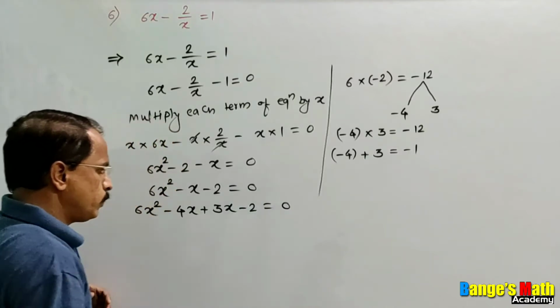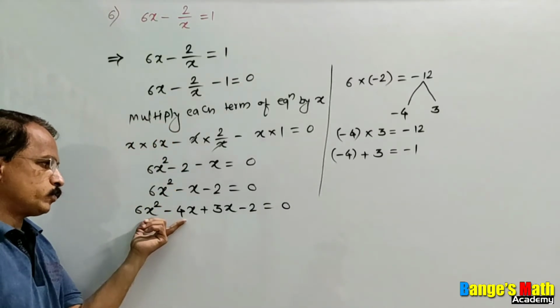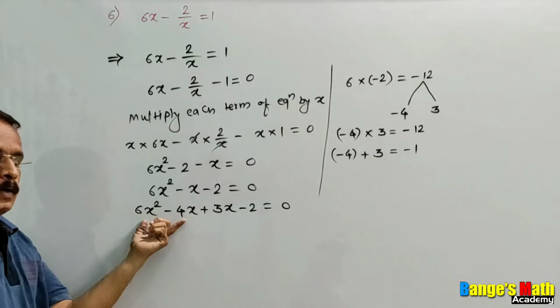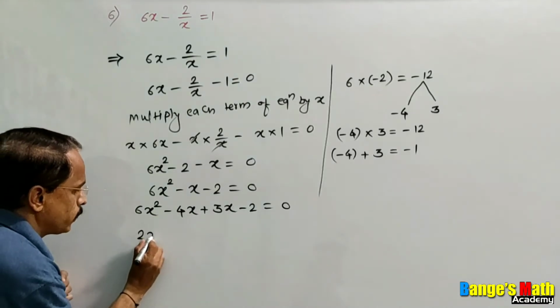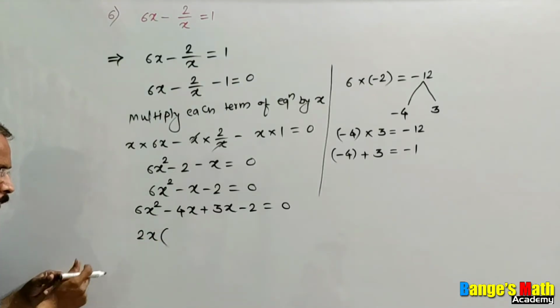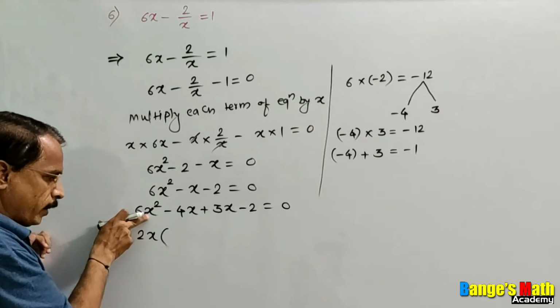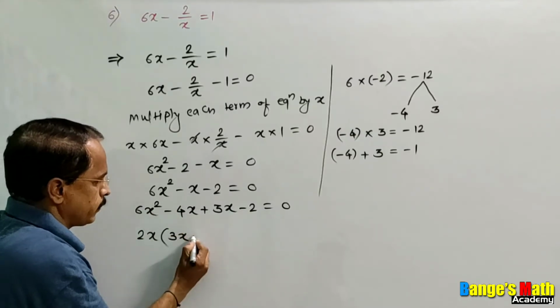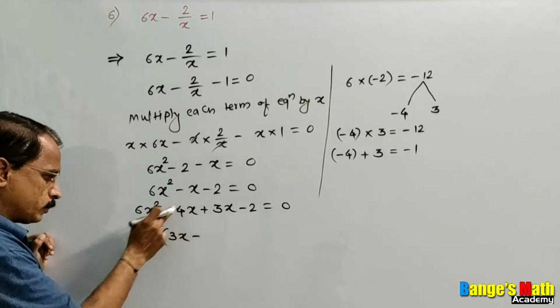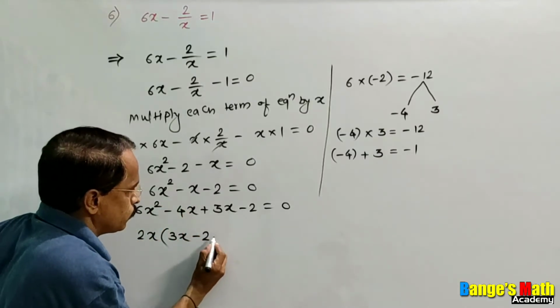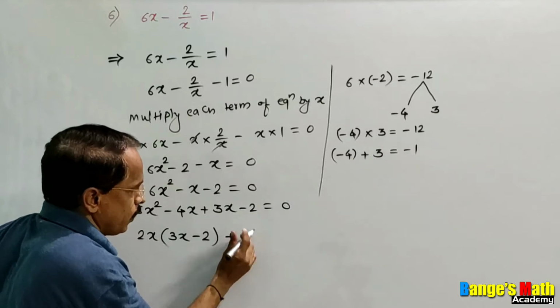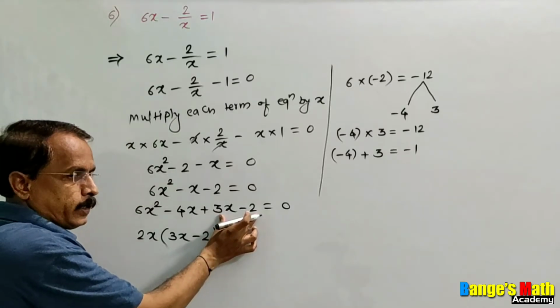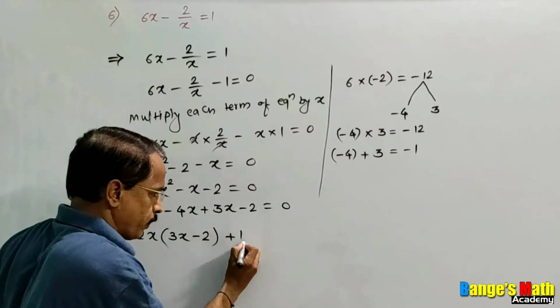is equal to 0. From these two terms we can take 2x as a common factor. So take 2x outside the bracket, divide 6x square by 2x, we get 3x minus, then divide 4x by 2x, we get 2. Plus, from these two we can take 1 as a common factor.